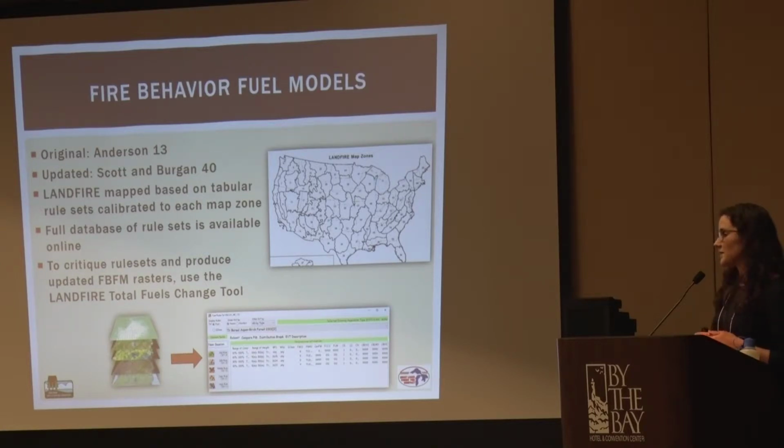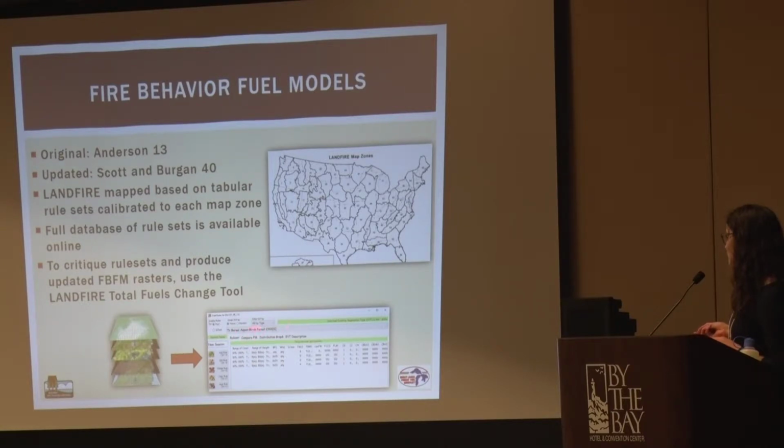This is an ArcGIS tool add-in, and once you load in all of the required layers, which are disturbance, existing veg type, cover and height, elevation, slope, aspect, and biophysical settings, then you can open up this interface where it shows the rule sets for the current EVT that you're looking at.